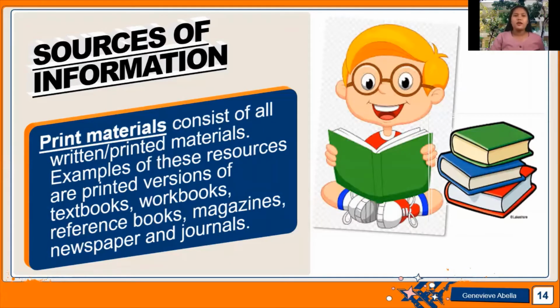Examples of these resources are printed versions of textbooks, workbooks, reference books, magazines, newspapers, and journals. These print materials are the sources that you can see and you can touch.